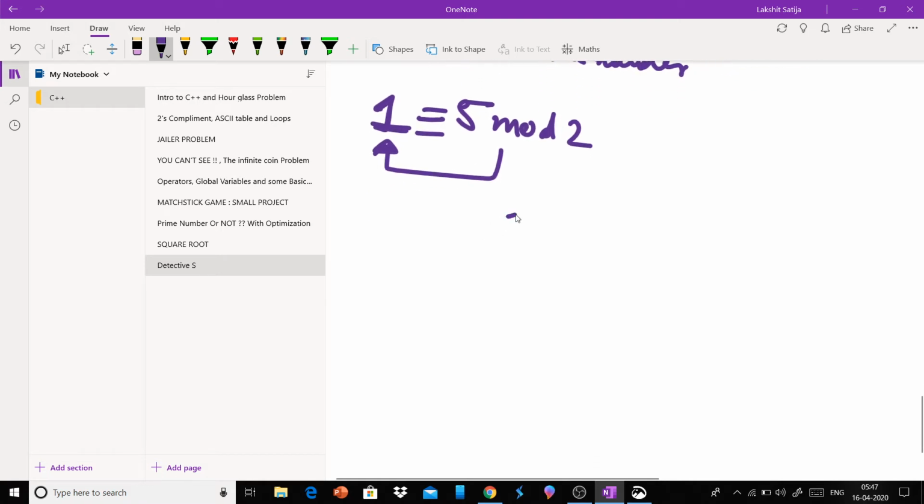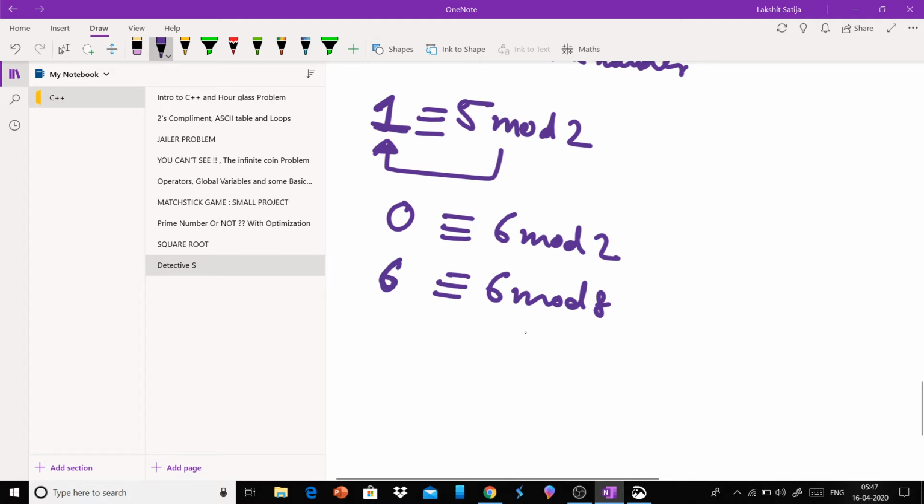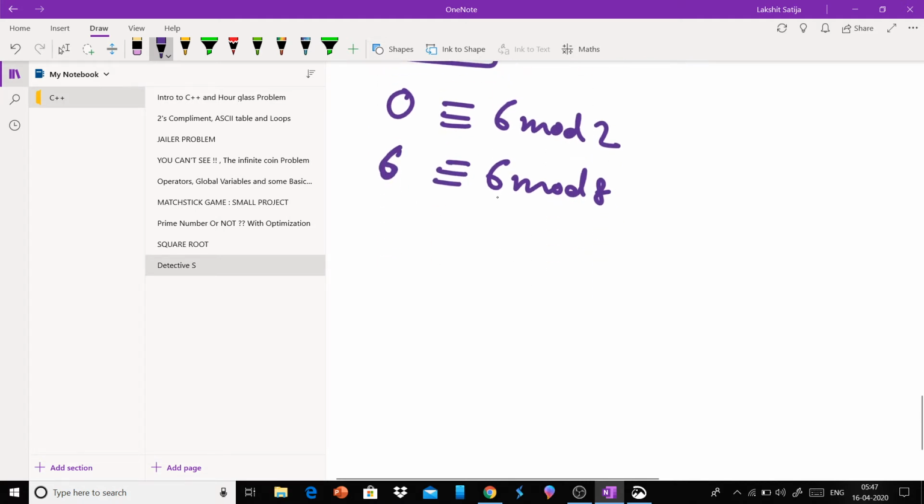Suppose I write 6 mod 2, it is 0, because the remainder is 0. 6 mod 8 is 6 only, because the remainder we get is 6 when we divide it by 8. Similarly, 5 mod 8 will also give 5, right?